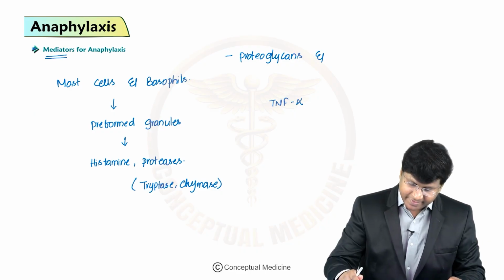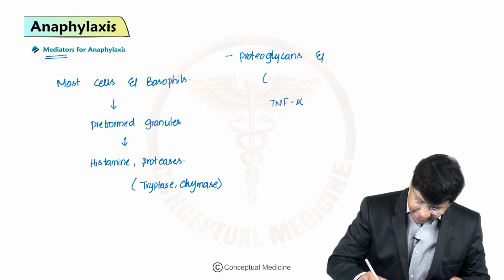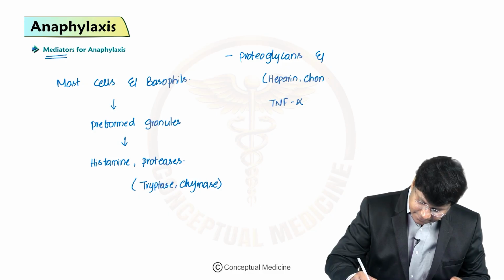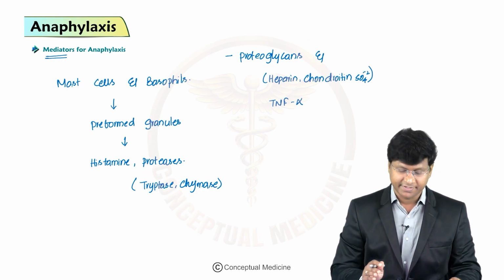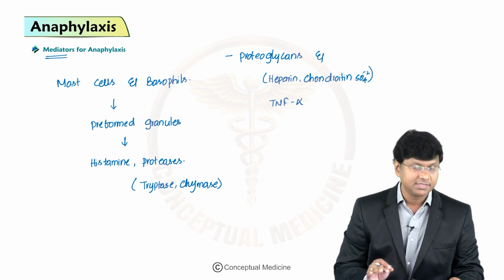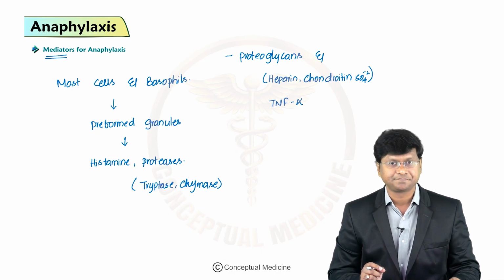The examples of proteoglycans include heparin and chondroitin sulfate. They also act as mediators for anaphylaxis.